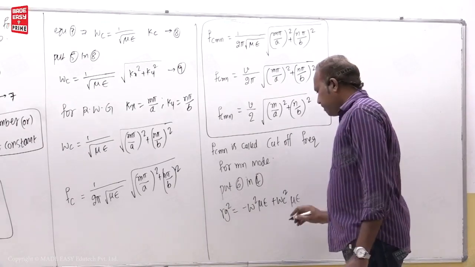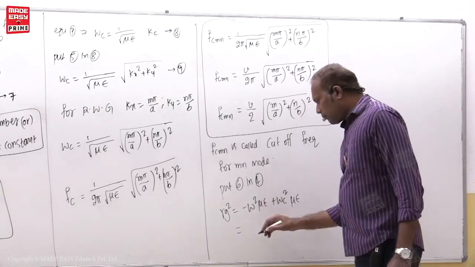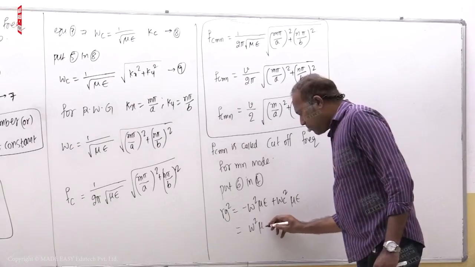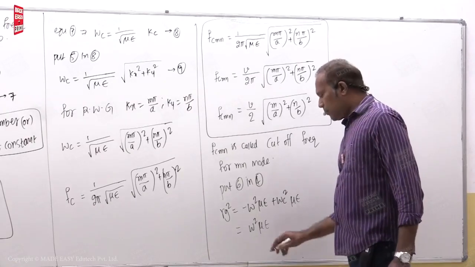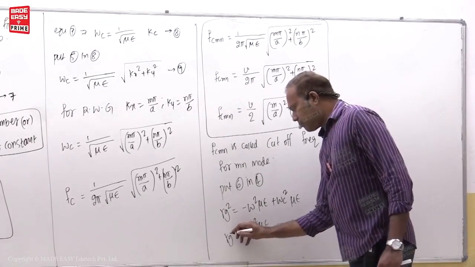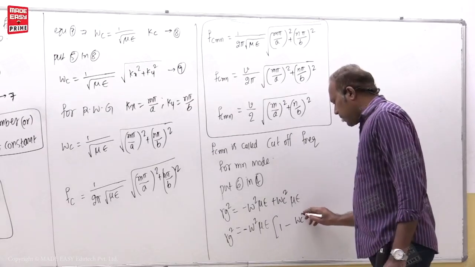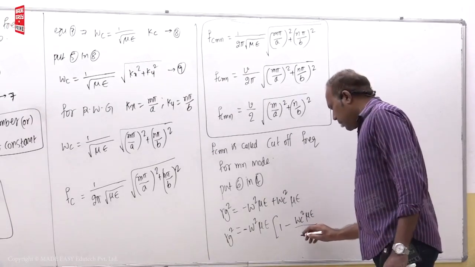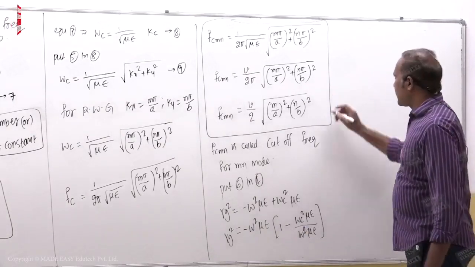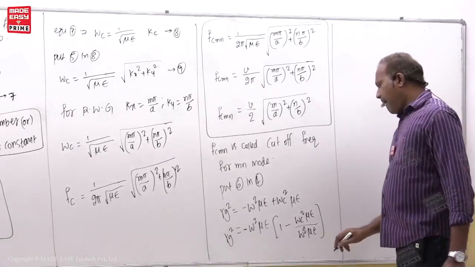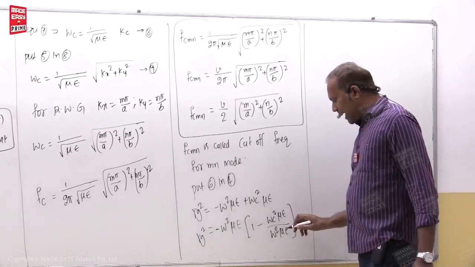From this you pull out the omega square mu epsilon, or otherwise I will pull out minus omega square mu epsilon. If you pull out, 1 minus omega c square mu epsilon over omega square mu epsilon comes. So correct, na? Next, minus omega square mu epsilon common, so you got this one. Mu epsilon cancel.